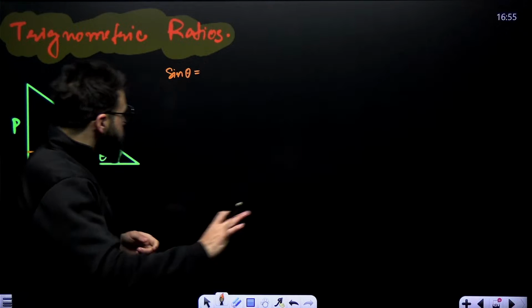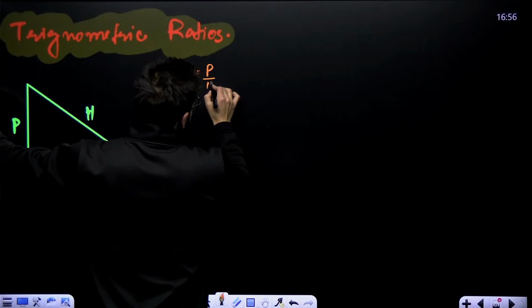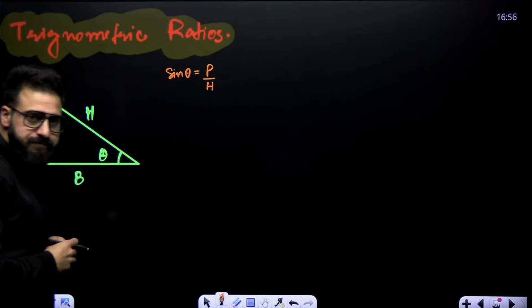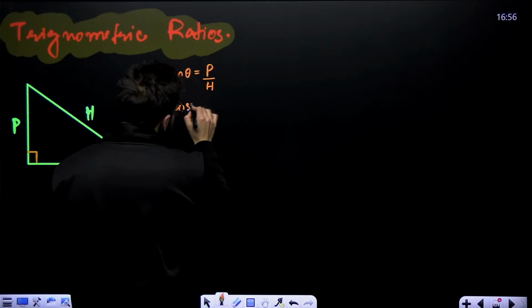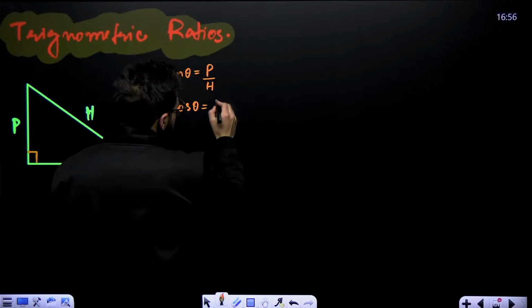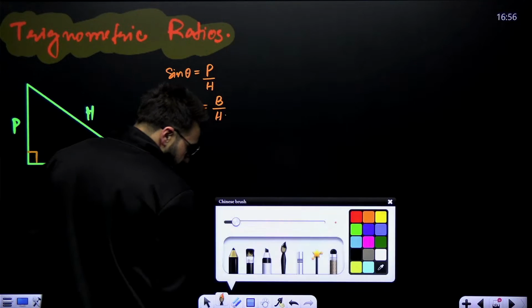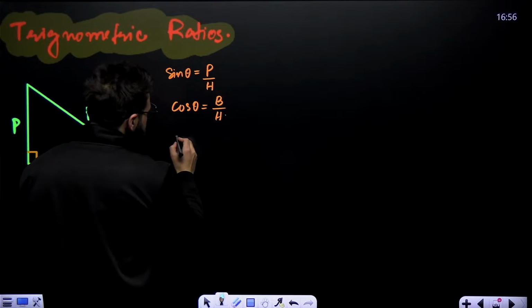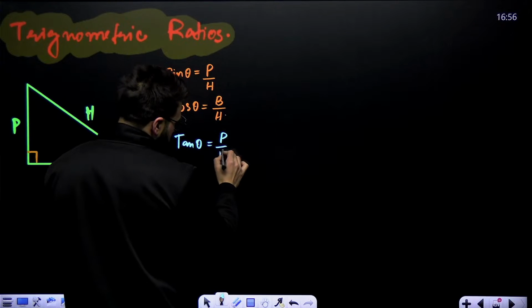So sine theta in this case is perpendicular upon hypotenuse. Then cos theta is equal to base upon hypotenuse. And if somebody asks you the value of tan theta, say tan theta is perpendicular by base.